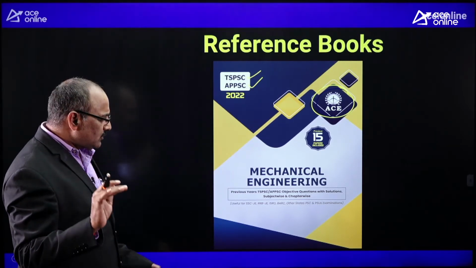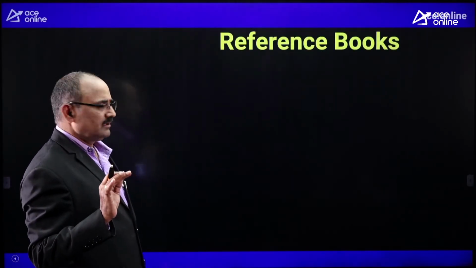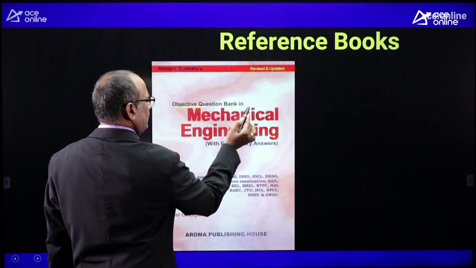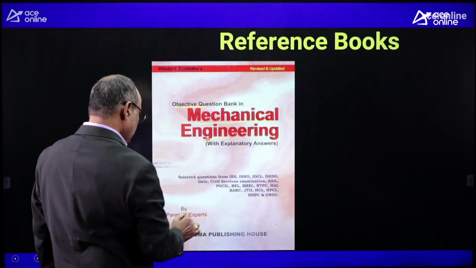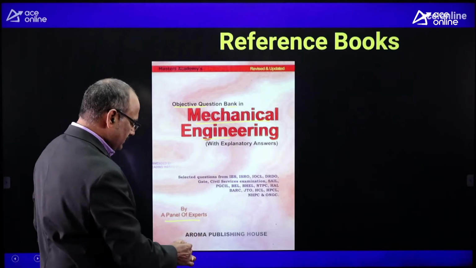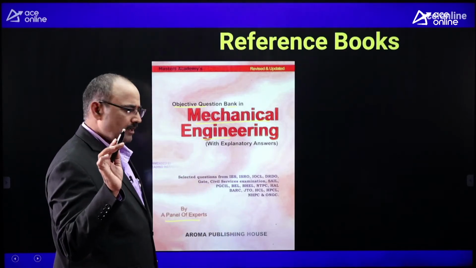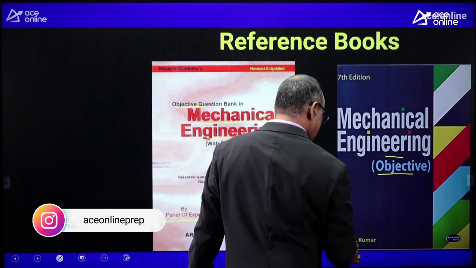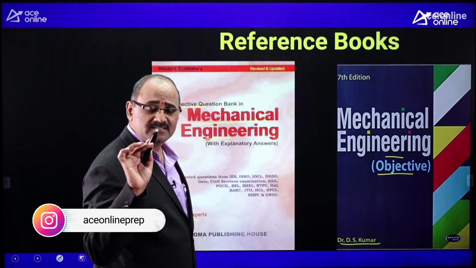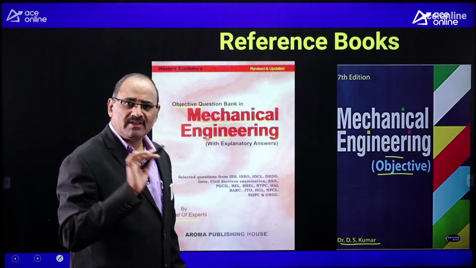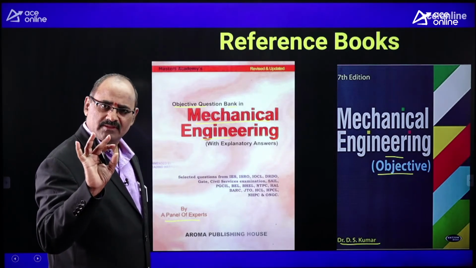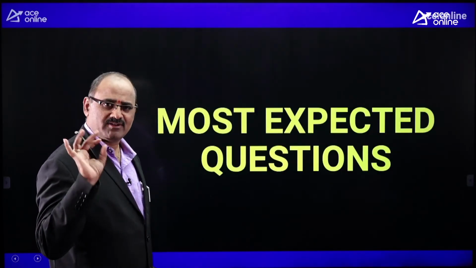In addition to this, you can also refer to other material, that is the objective question bank, mechanical engineering by a panel of experts, Aroma Publishing House, and one more material, the mechanical engineering objectives by D.S. Kumar. But I personally prefer our academy material for all state level exams. Now let us see the most expected questions for our subject.